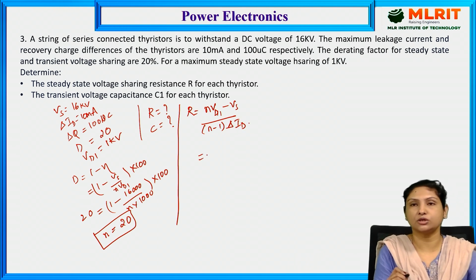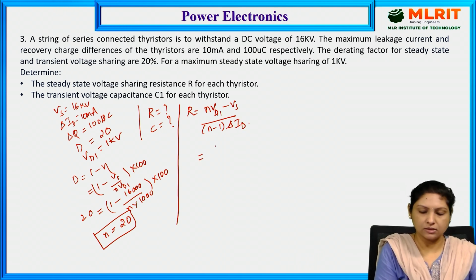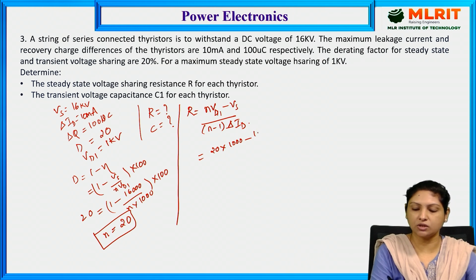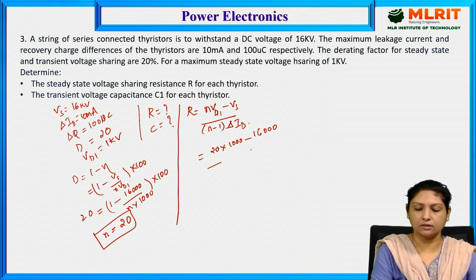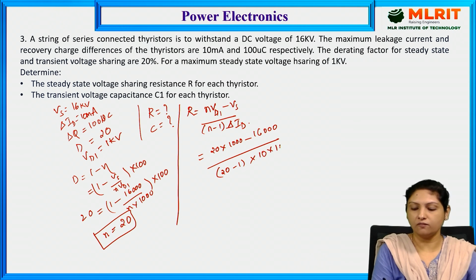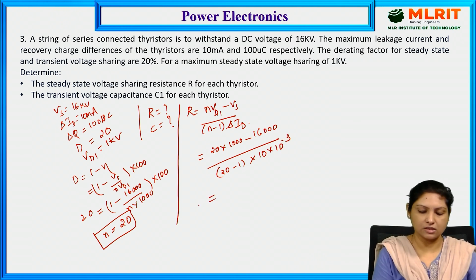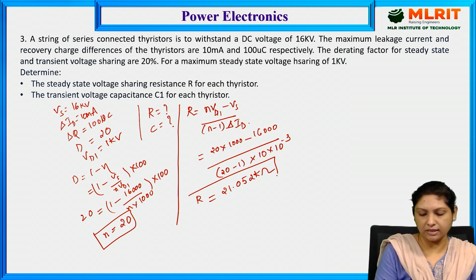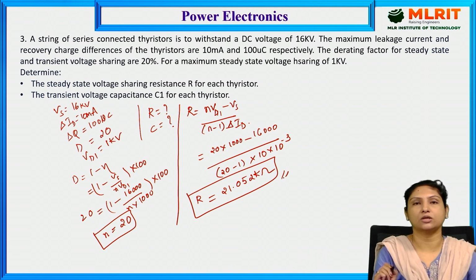If you substitute the given data here, N is 20 and VD1 is given as 1000 volts, minus Vs, the total voltage of the string, 16,000 volts, divided by N minus 1, let me write 20 minus 1, into delta ID, which is 10 into 10 to the power of minus 3. In that case, we get the value of the resistance as 21.052 kilo ohms.